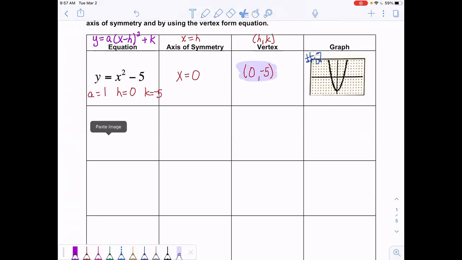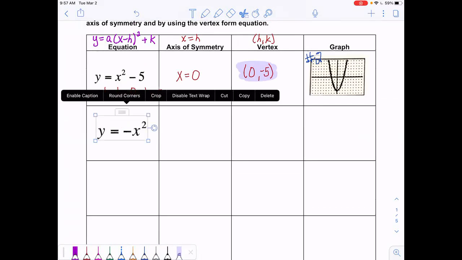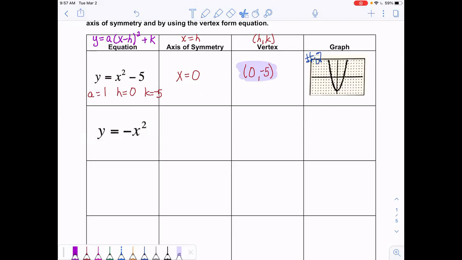So I just picked y equals negative x squared. So my a is negative 1. There is no h and no k in this problem. It's missing everything else. It just has an a value.